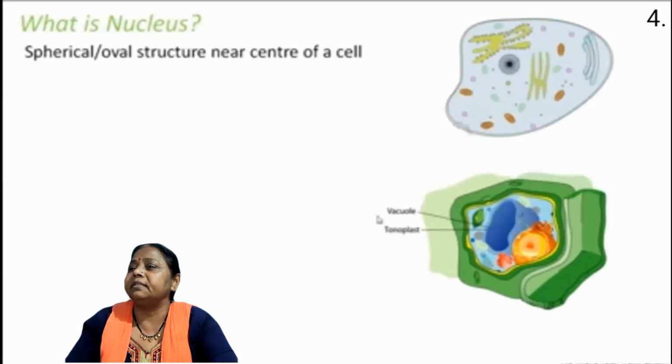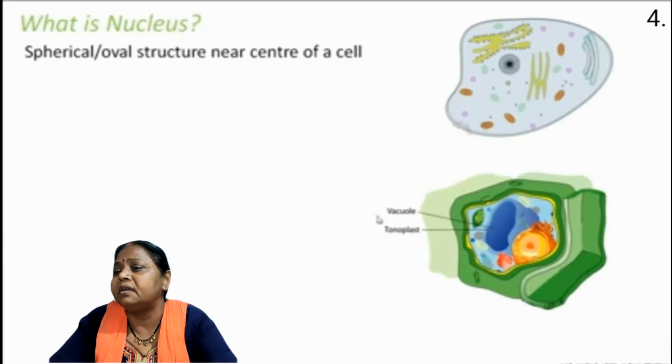This you see here, this is a nucleus of animal cell. It is not exactly at the center, but almost near the center of the cell. And here it is orange yellow structure you can see. This is also nucleus. The nucleus of plant cell. So the nucleus of plant cell is little bit more towards the peripheral region because of the presence of plant vacuoles, which is large in size.